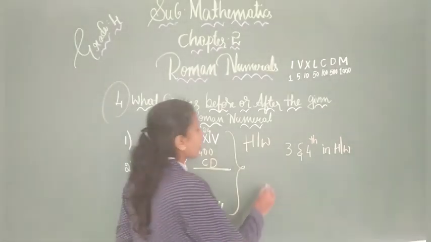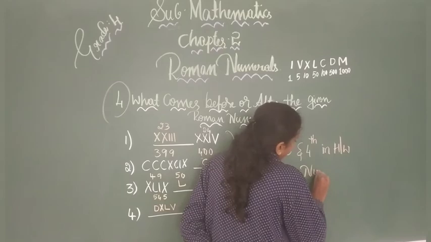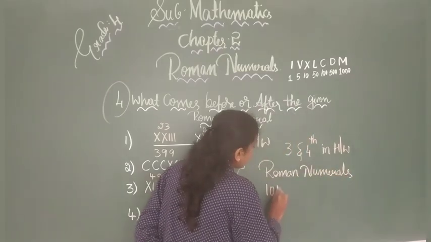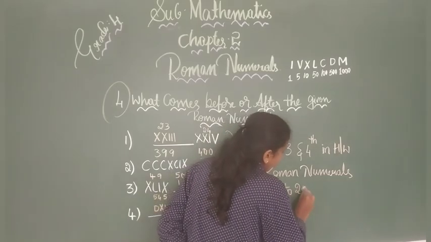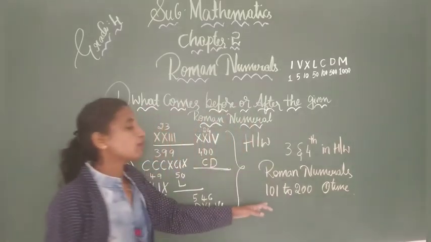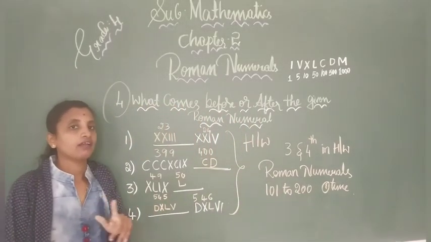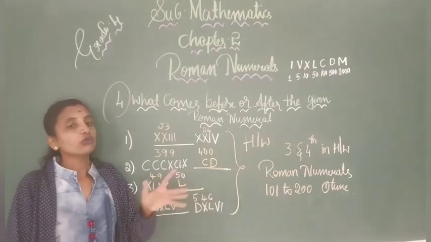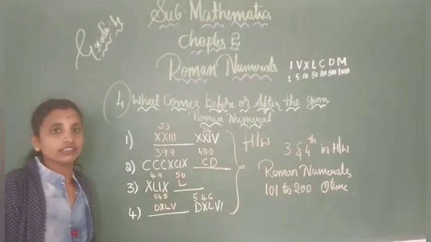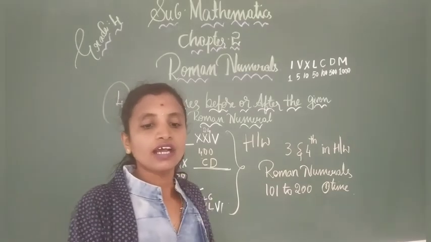And also you have to write Roman numerals from 101 to 200, one time. This is today's homework. Any doubts? You understood, right? Any doubts about the third and fourth ones?